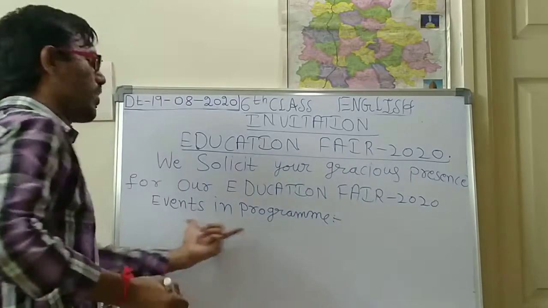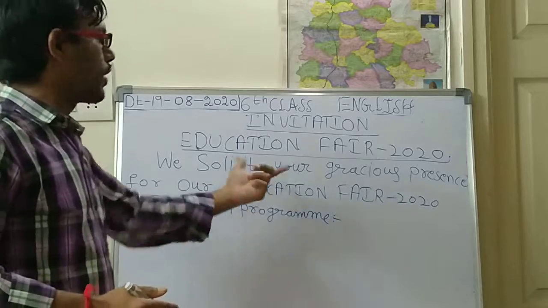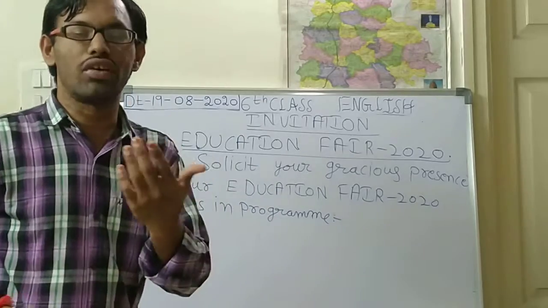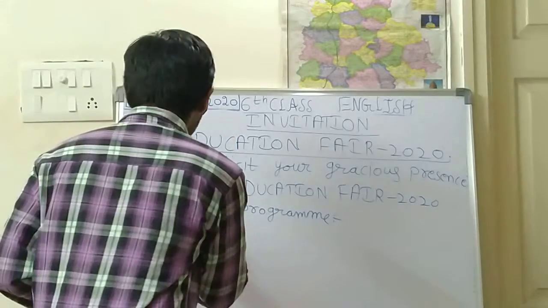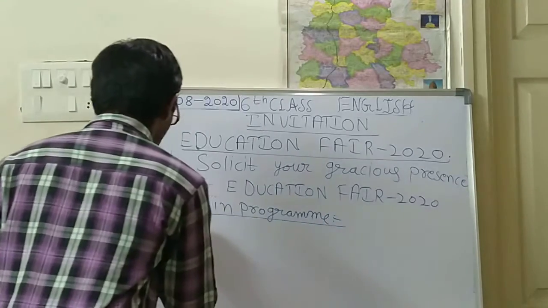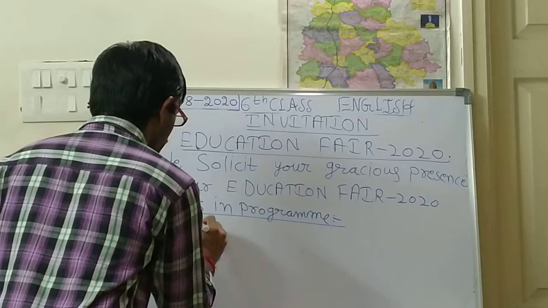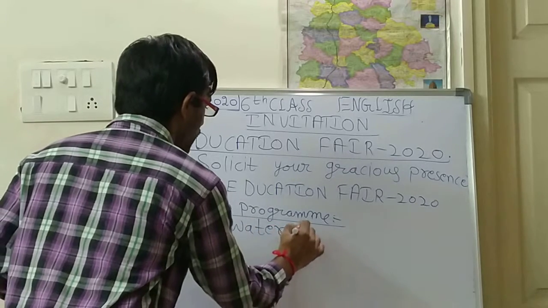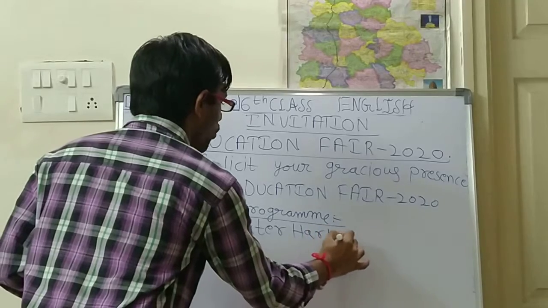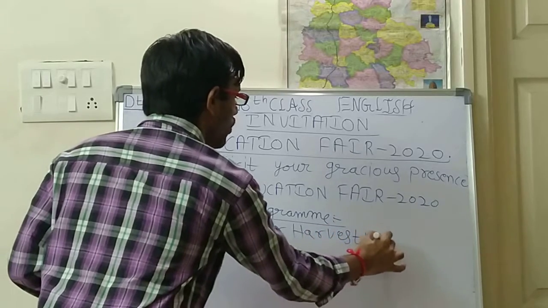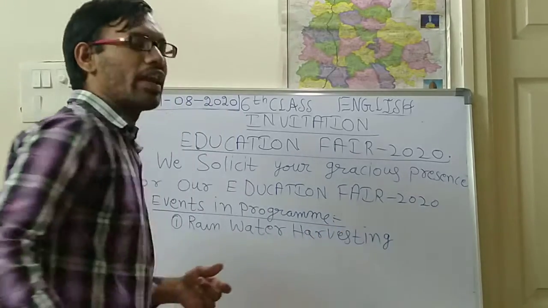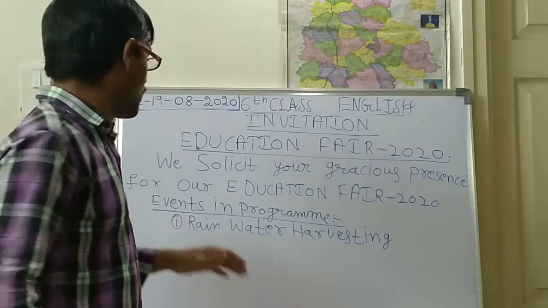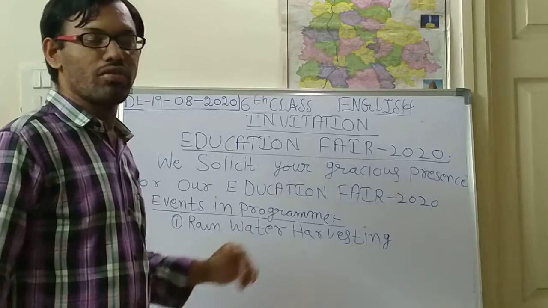What type of events are you conducting? Suppose in the education fair, take two or three most useful experiments in our daily life. First I am taking rainwater harvesting. How we can use the rainwater for our daily uses, that type of programs we can take.